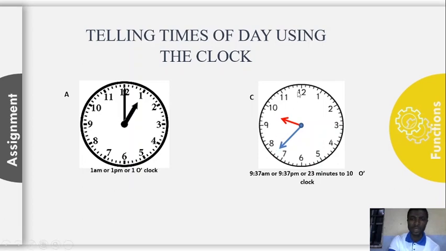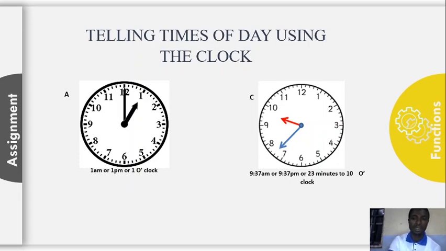I told you before, when you count all these strokes, there are 60 of them. So, by the time you get to number 6, you've counted 30. Between 12 and 6 is 30, meaning 30 minutes.